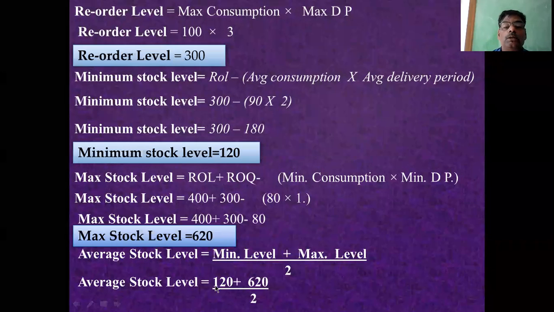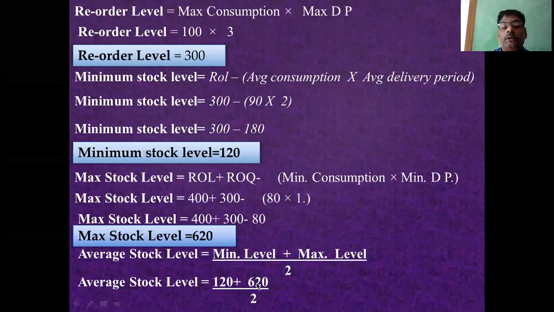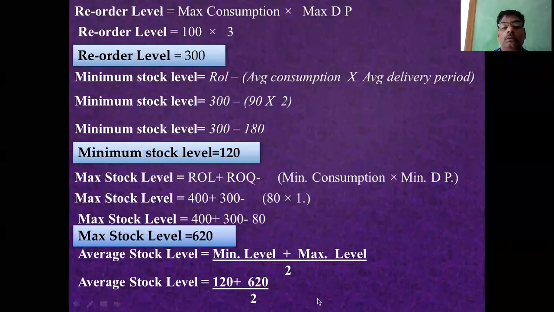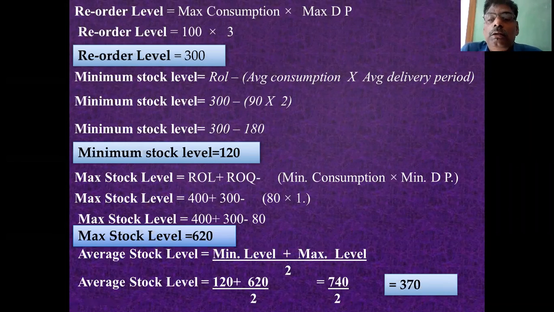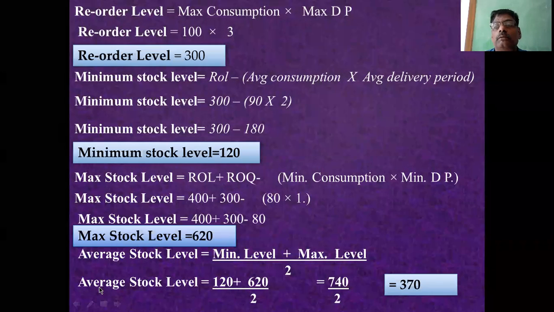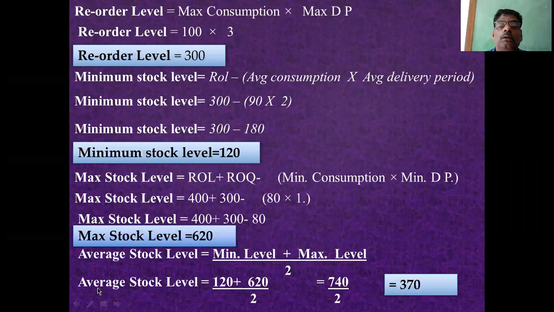So average stock level is equal to 120 plus 620 divided by 2, is equal to 740 divided by 2, is equal to 370. 370 is the average stock. I calculated all these levels of stock. Danger stock level is not possible to calculate.